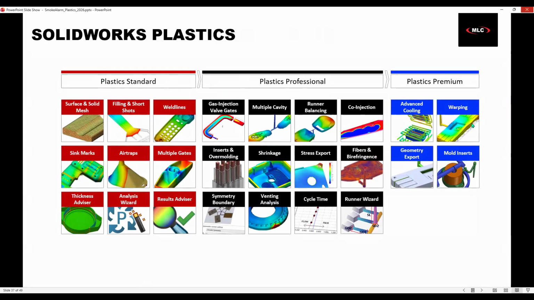And then the Plastics Premium, if you have to get into warping or advanced cooling, there is a whole other system there. With Plastics Premium, you can get more into fiber direction and orientation. It gets a lot more specific, but that's also why it takes a lot longer to run. And I didn't run something quite that long.